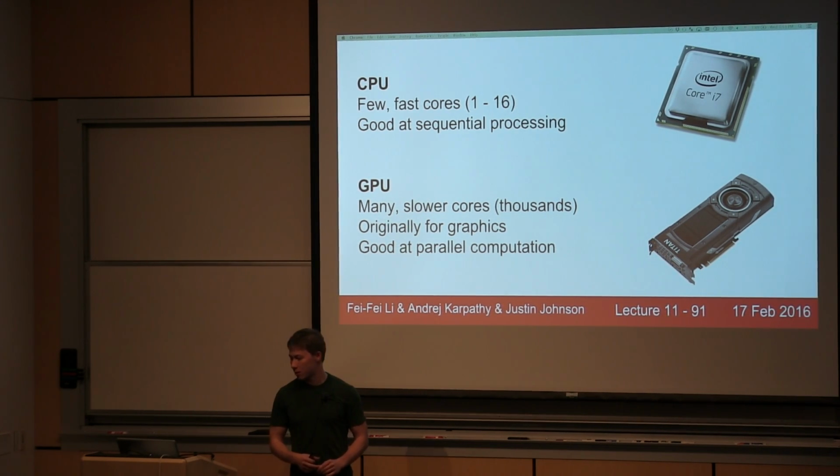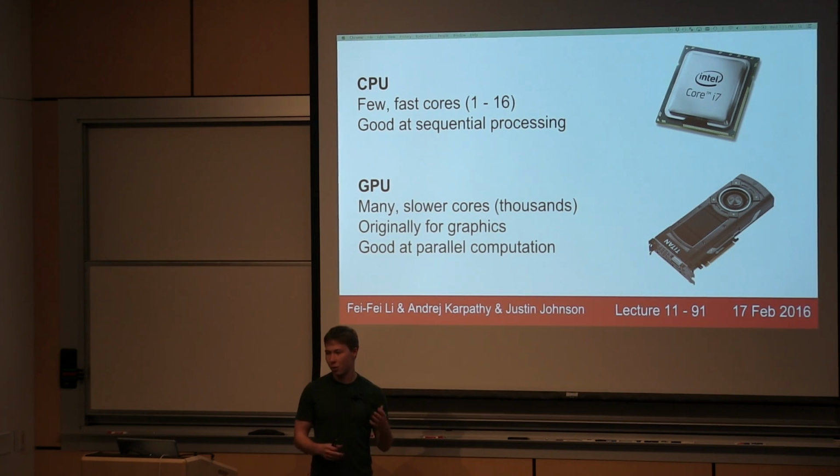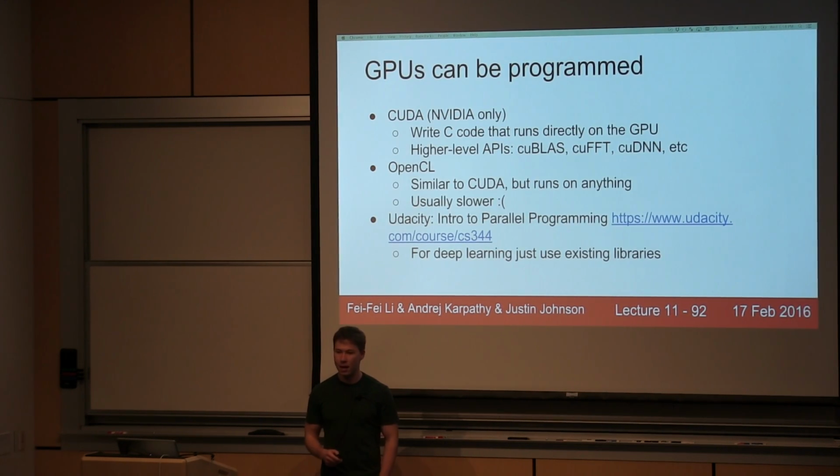These GPUs were originally developed for graphics processing. And so they're really good at highly parallelized operations, where you want to do many, many things in parallel independently. Since they were originally designed for computer graphics, they've since evolved into a more general computing platform. There are different frameworks that allow you to write generic code to run directly on the GPU.